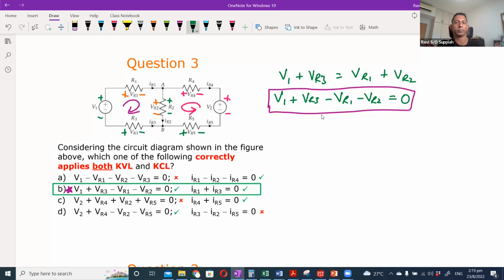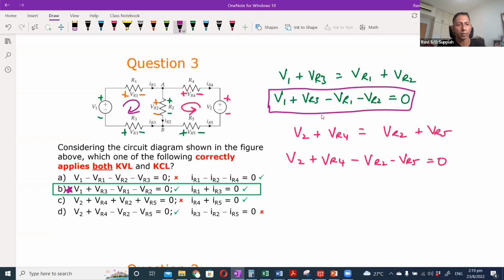So V2 plus VR4 is the same as VR2 plus VR5. If I rearrange this, V2 plus VR4 minus VR2 minus VR5 equals 0, and that is this expression here.